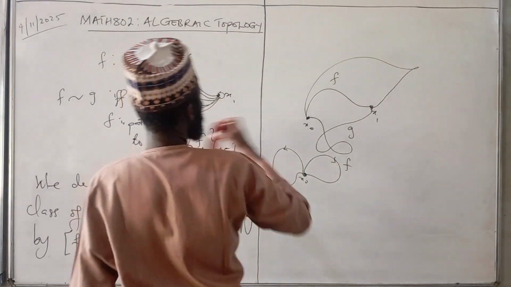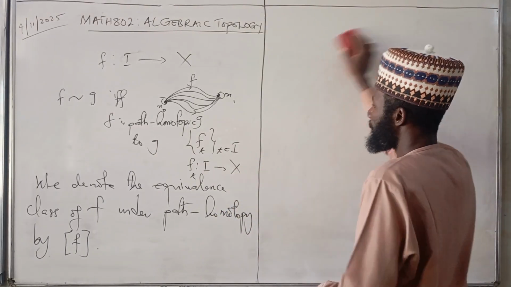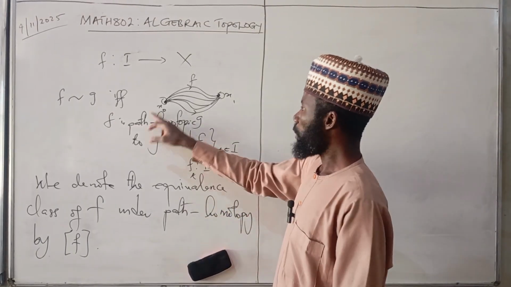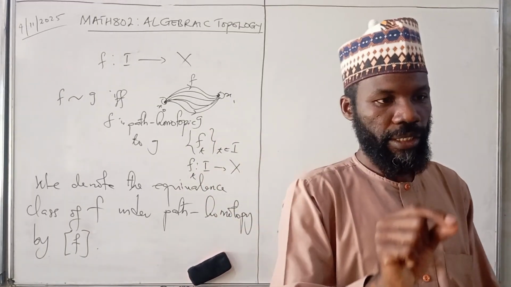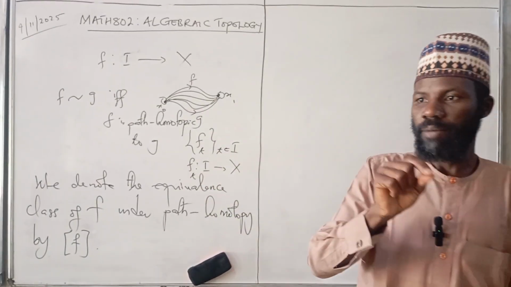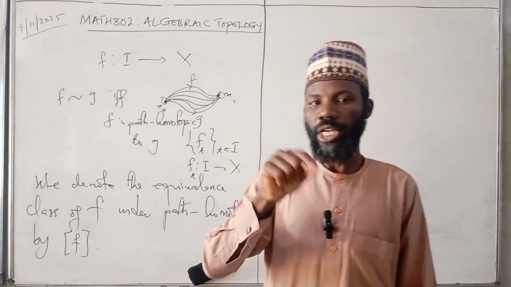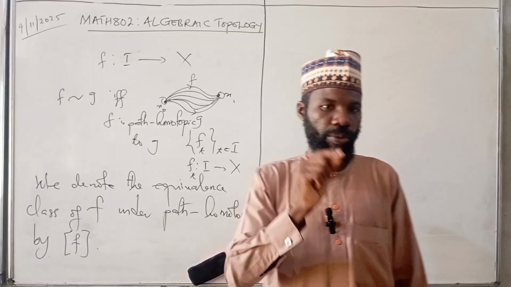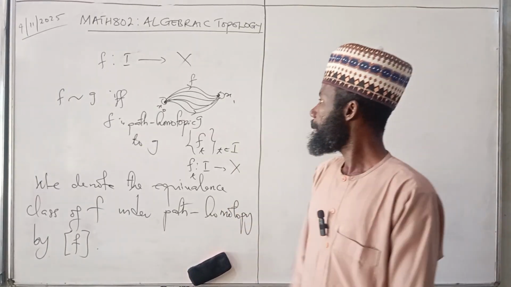But actually, we are not going to be interested too much in paths from one point to another point. We will be interested mostly in paths that have the same initial and terminal point, which means loops.